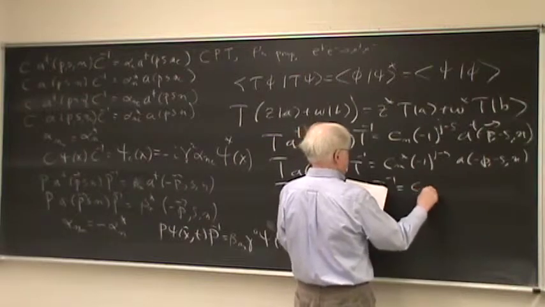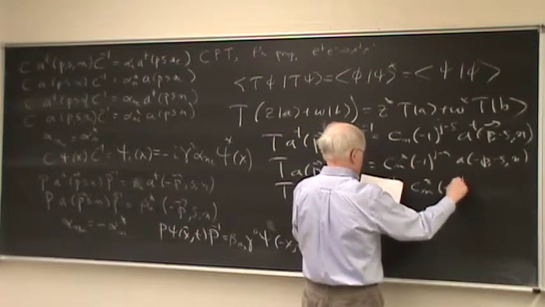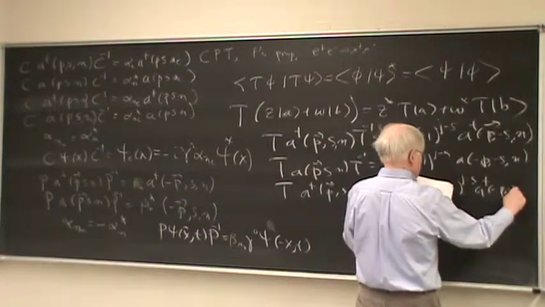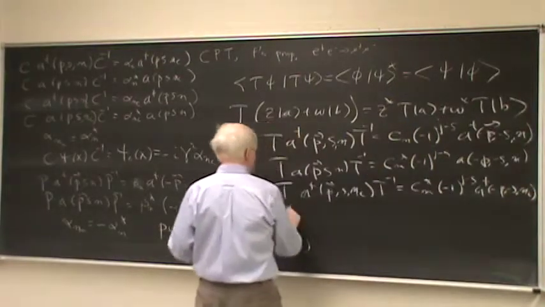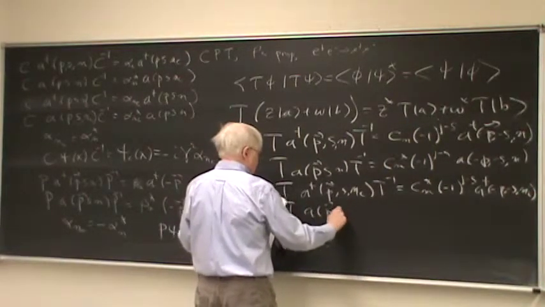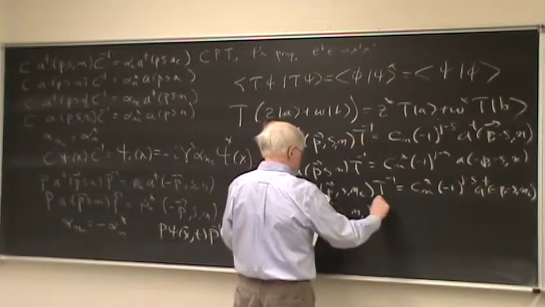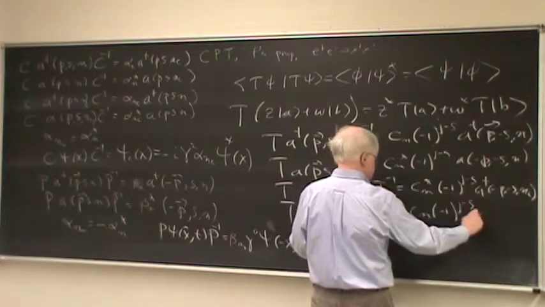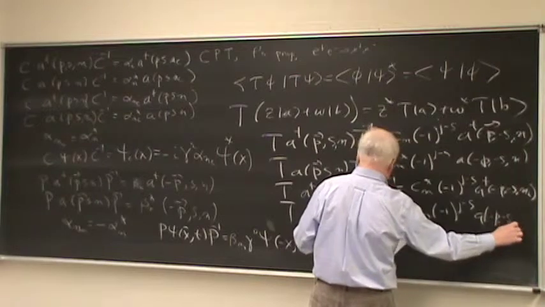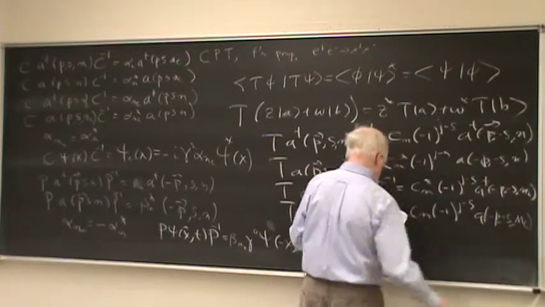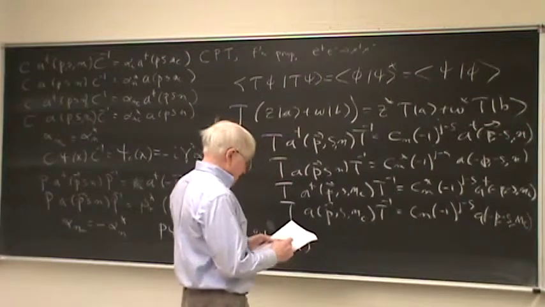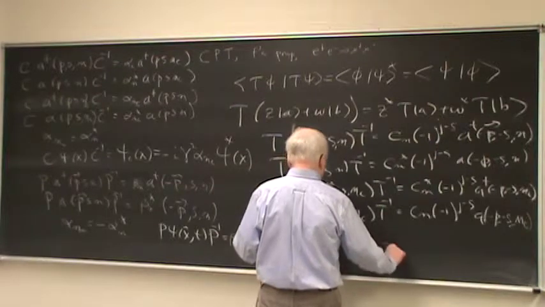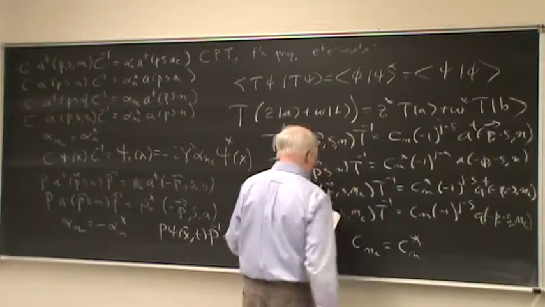It turns out to be C n star minus 1 to the j minus s, a dagger of minus p minus s and n^c, and T on A of p s n^c T inverse is C n minus 1 to the j minus s A of minus p minus s n^c. Okay. All right, and causality here requires that C sub n^c be C sub n star.